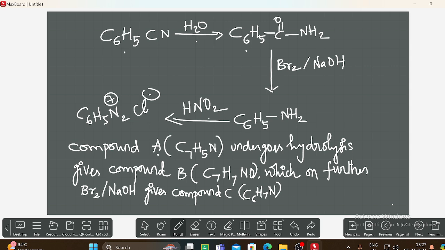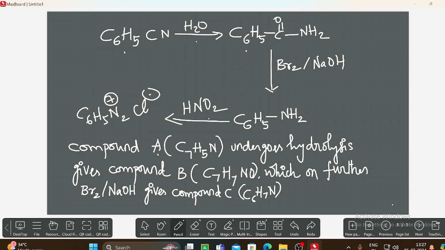For A, B, C only formulas will be given. For D, no formulas. Compound C reacting with HNO2 gives compound D. Identify the compounds A, B, C and D and write the reaction involved in it. Okay.